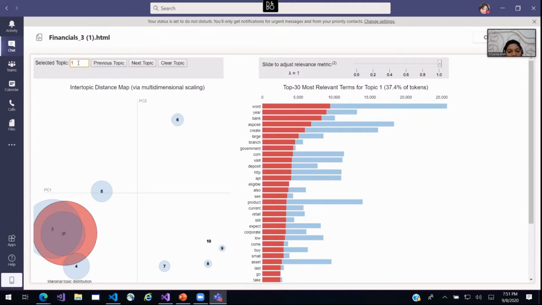Then it is talking of buy, sell, small, asset, and those things. So you see that within a particular sector also, it has categorized documents, and it has given me a sense of what group of documents are talking of what sort of theme. Depending on those, I'm going to build my taxonomy.